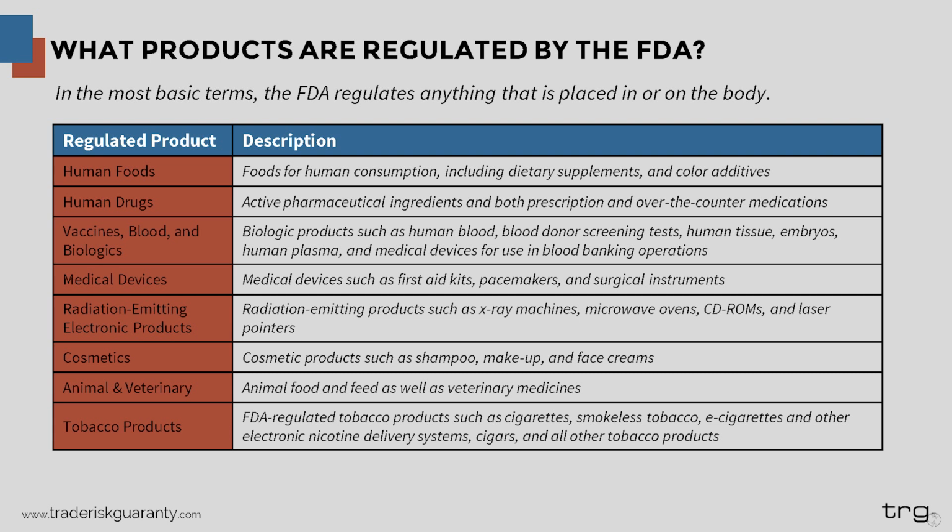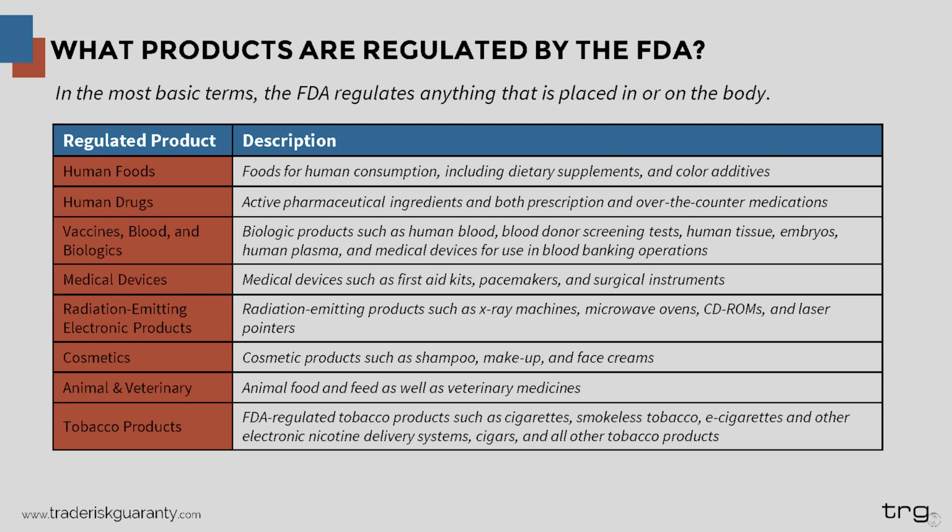So this is brand names and off brands, generic brands, pretty much anything that falls under those. Vaccines, blood, and biologics. Biologic products such as human blood, blood donor screening test, human tissue, embryos, human plasma, and medical devices for use in blood banking operations.